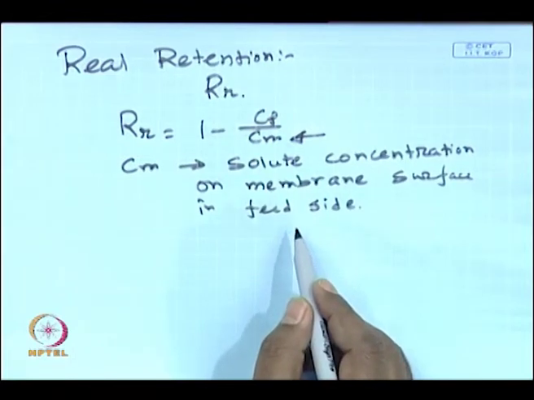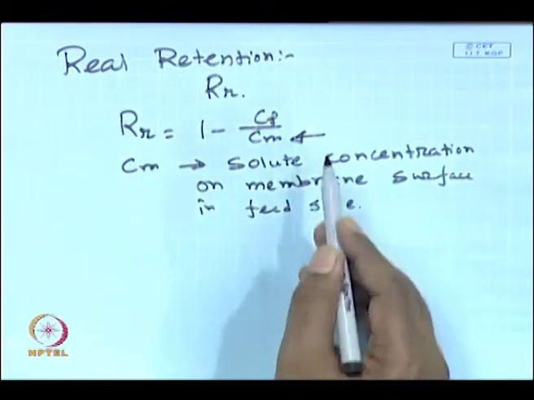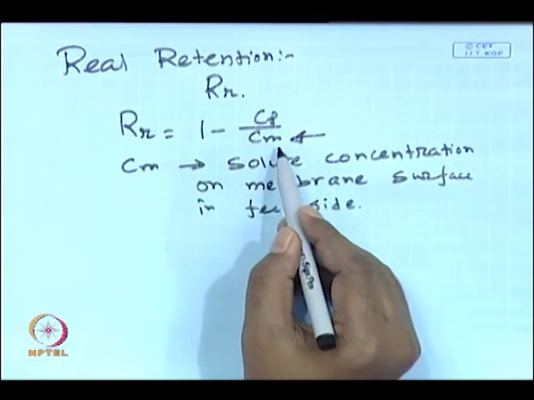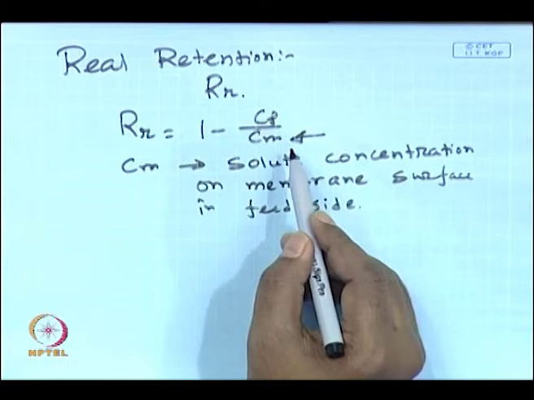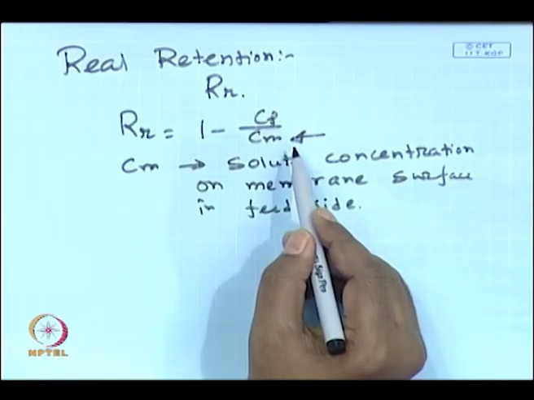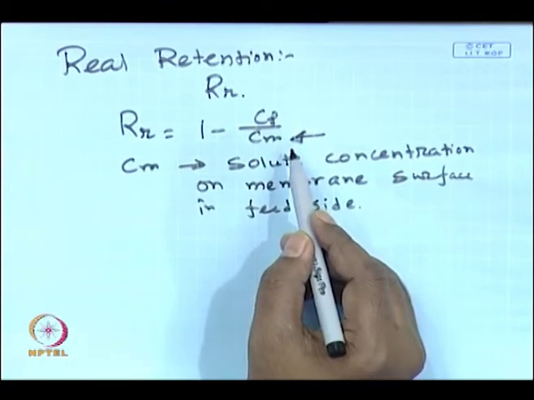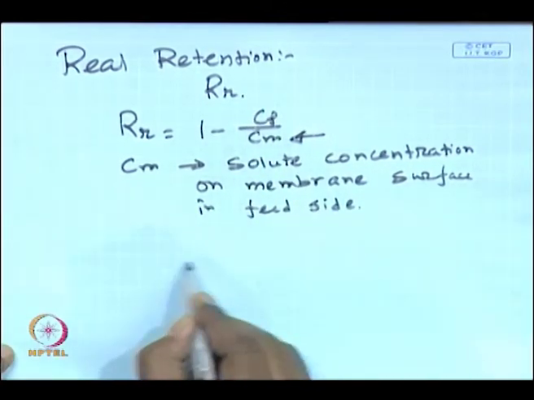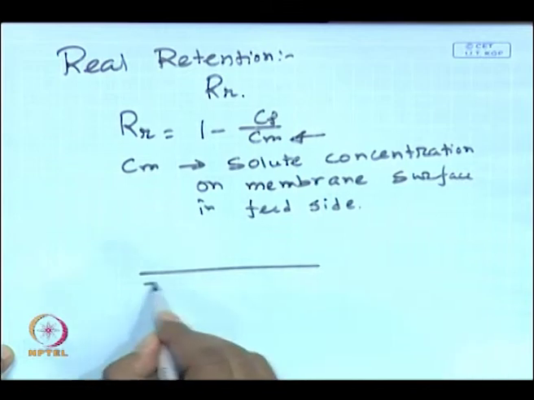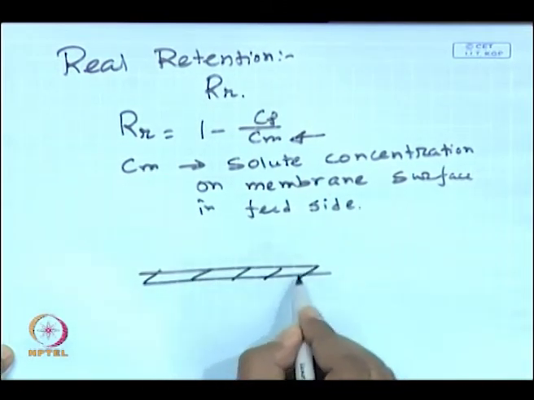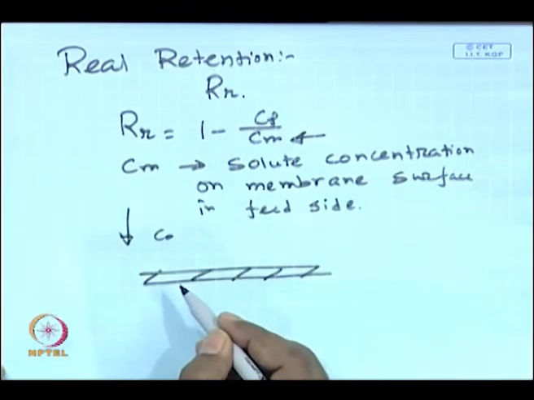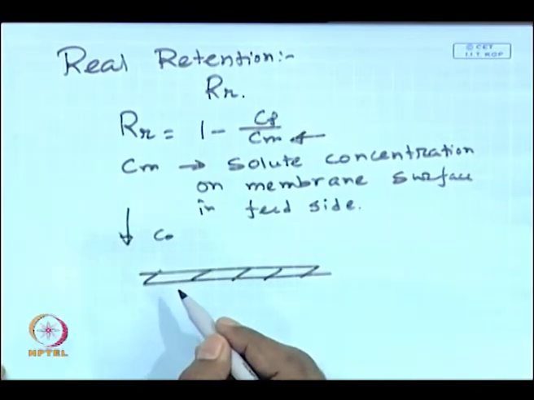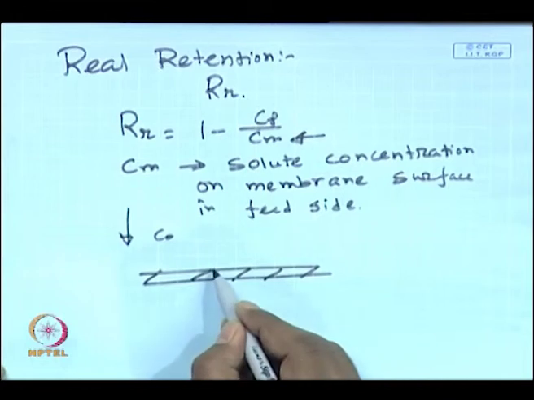What you can do, there are theories present so that you can have an estimate, or you can theoretically calculate the membrane surface concentration. In fact, membrane surface concentration will always be higher than the feed concentration. Why? Because it is a pressure driven process. Suppose this is the membrane and this is the feed concentration. You are pressurizing the system. Under pressure, solutes will be convected towards the membrane surface and they will be retained by the membrane.